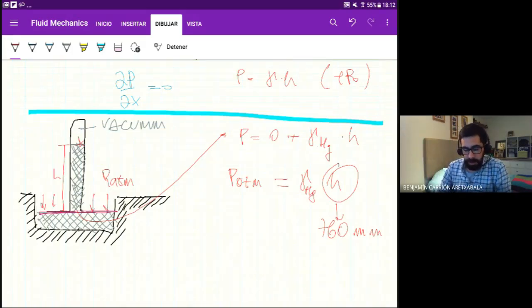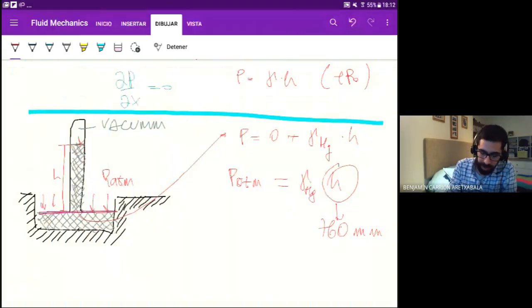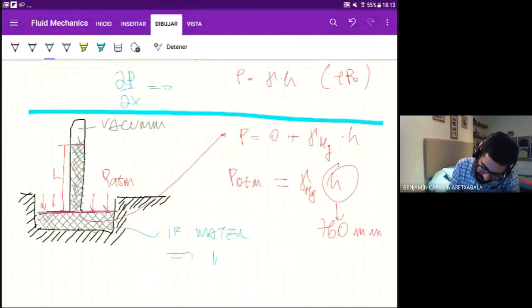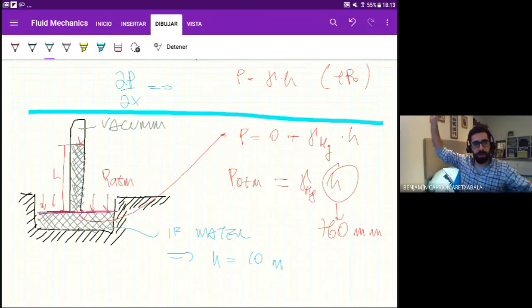If we did this with water, how high would H be? 10 meters, thank you. So if this was water, then H would be 10 meters. So we would need like a building to measure the pressure, right?